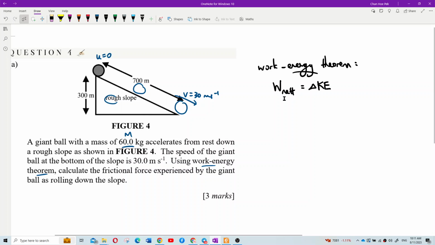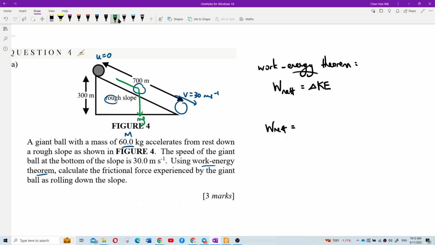So the net work done has many work done, right? What are the forces involved? You must know the forces involved first. So draw the free body diagram first. We have the weight mg.